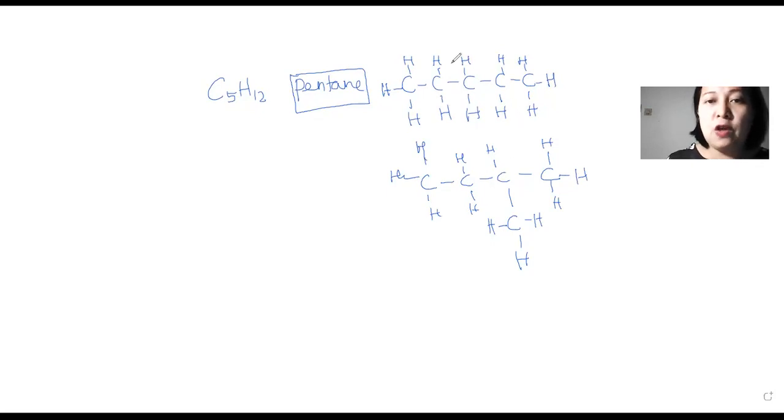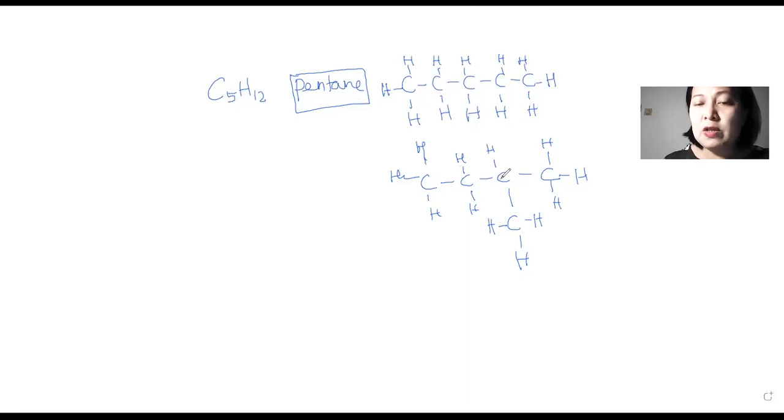Okay, first of all, you have to find the longest continuous chain. The longest continuous chain can be horizontal like this, or it can be a little bit turning like this, also fine, as long as it doesn't break, so it is continuous and there is no break.